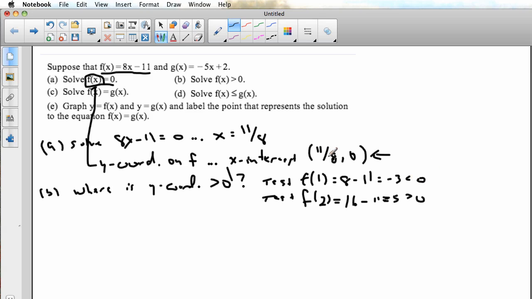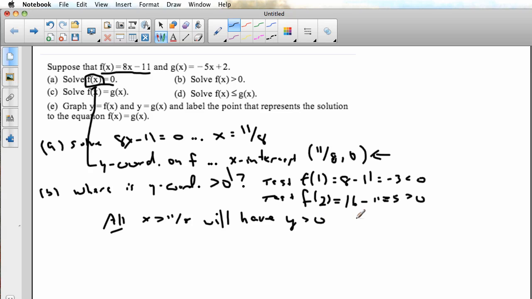And again, 11/8 is the only possible transition point, so I conclude that all x's greater than 11/8 will have a y-coordinate greater than 0.